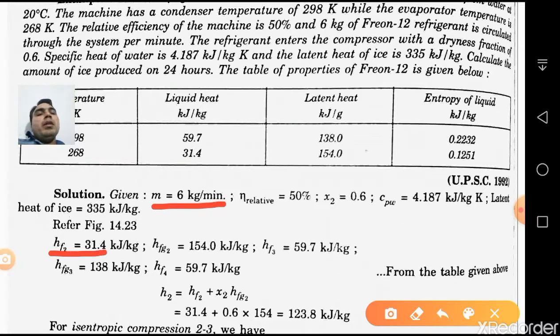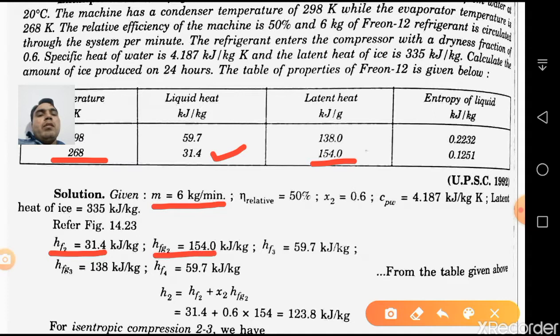It is the liquid enthalpy at point 2, equal to 314 at the particular temperature 268, that is the evaporator temperature. And at that temperature the latent heat is 154.